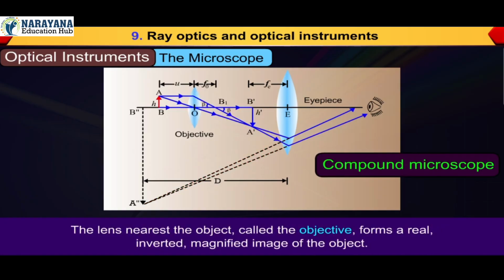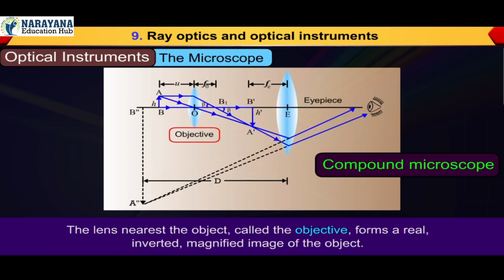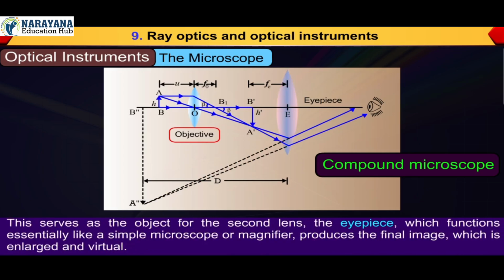The lens nearest the object, called the objective, forms a real inverted magnified image of the object. This serves as the object for the second lens, the eyepiece, which functions essentially like a simple microscope or magnifier, and produces the final image which is enlarged and virtual.